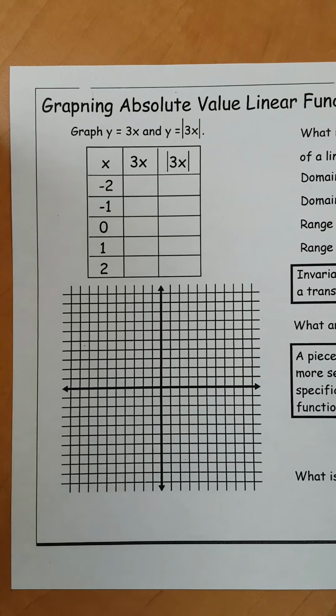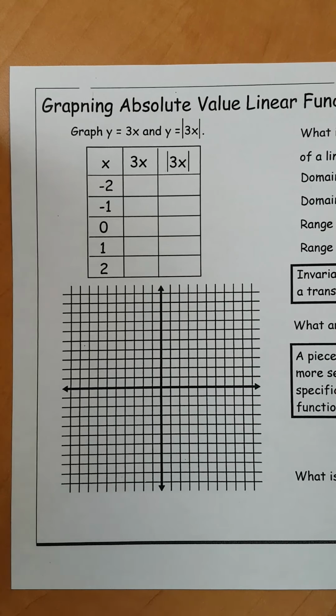You don't need to see me draw a line, do you? 0, 0, 1, 3, 2, and 6. Just want to make sure it's lined up properly. And it totally was not. 2, 3, there we go. So that's going to be the pencil line. So we already know that. Nothing too terribly exciting.